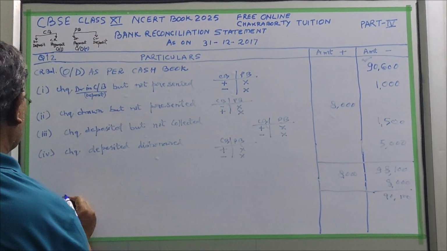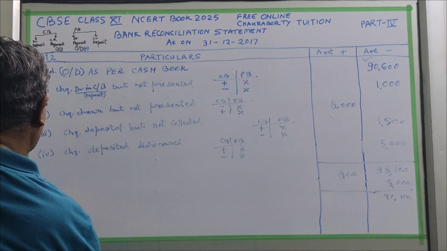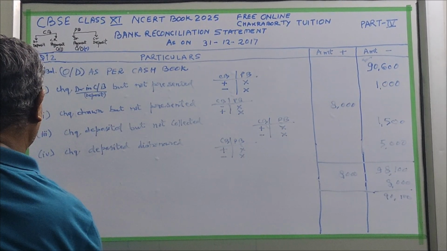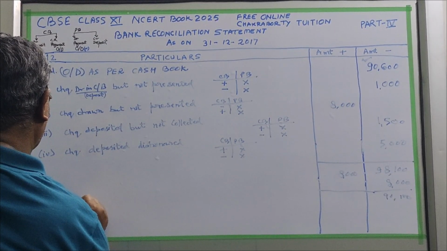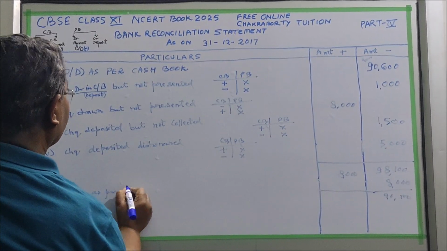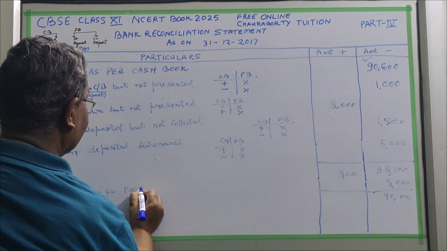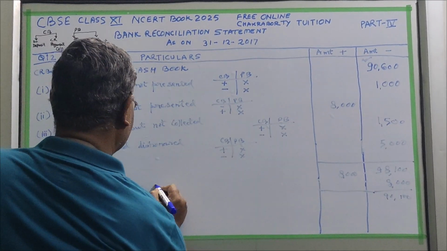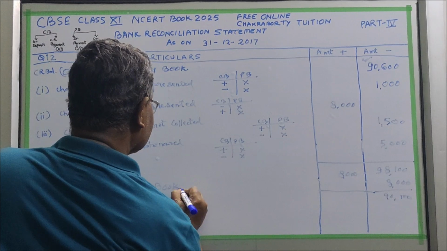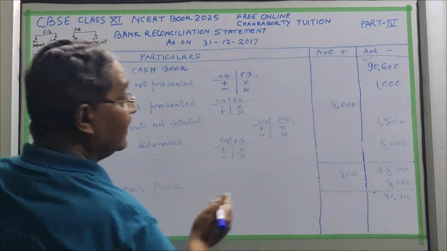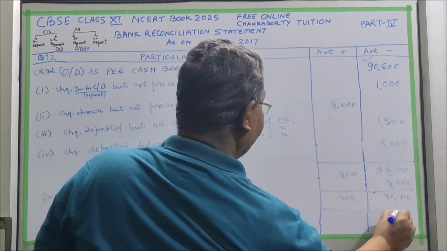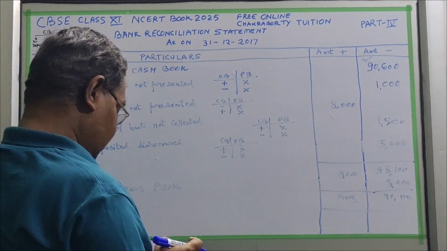You will write debit balance or OD as per passbook. This is your answer. 90,100 is your answer. Okay, this is your answer, and the question is over.